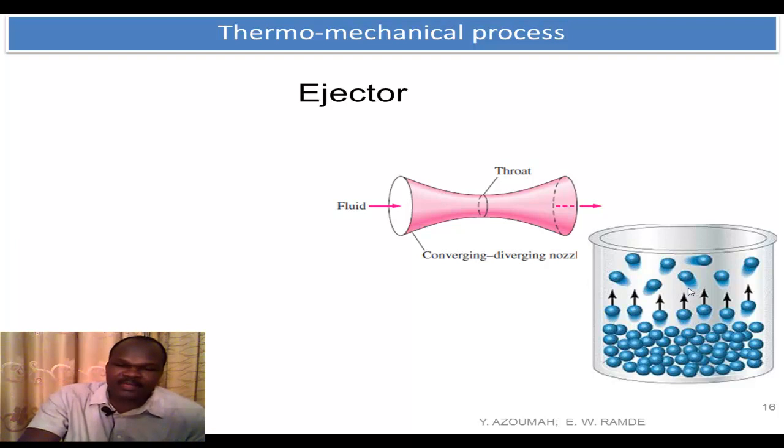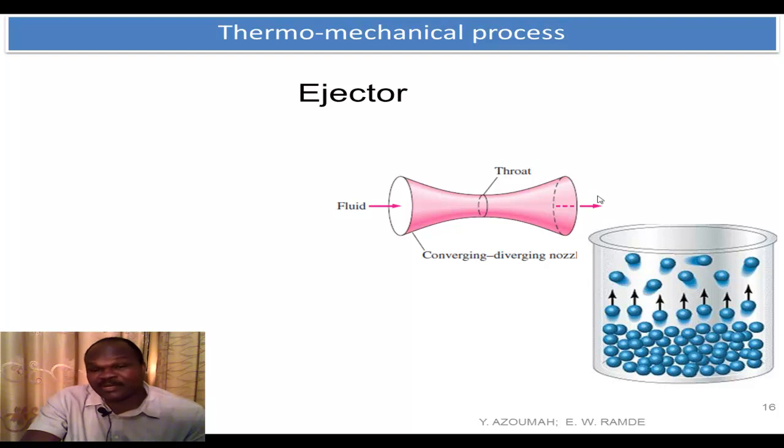So the compressor will be replaced by our ejector, or converging diverging nozzle. So any fluid that comes through the converging diverging nozzle comes out with high speed beyond that of sound, supersonic.